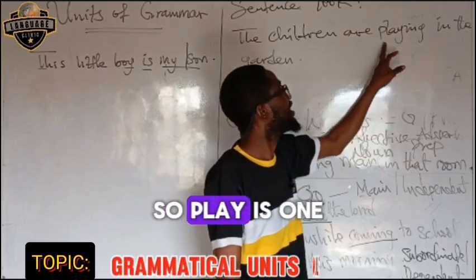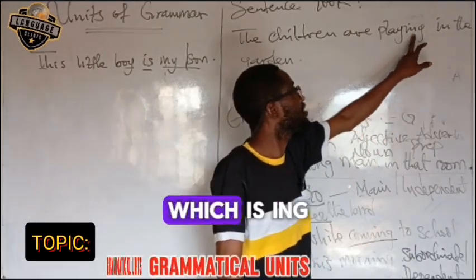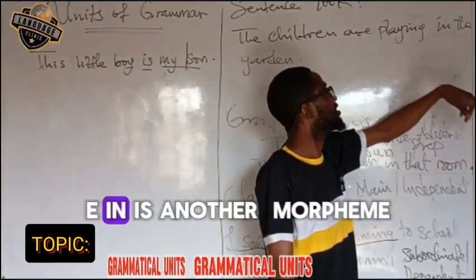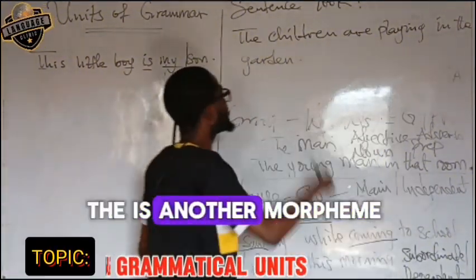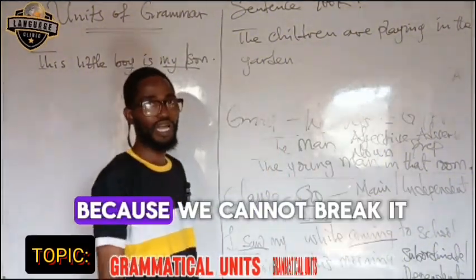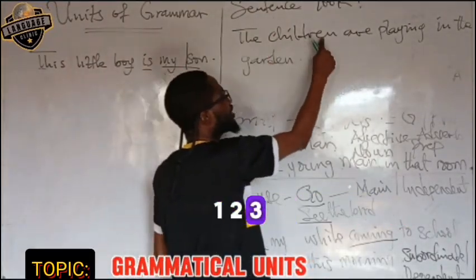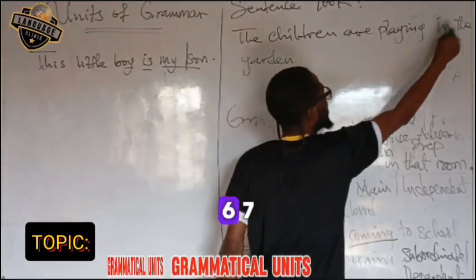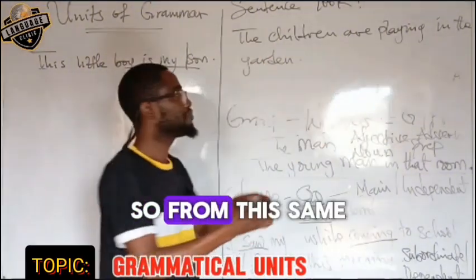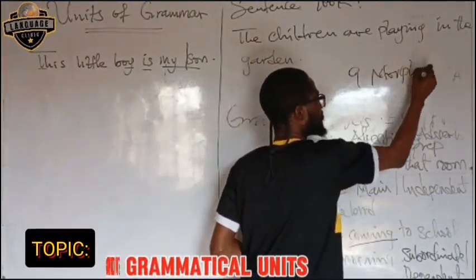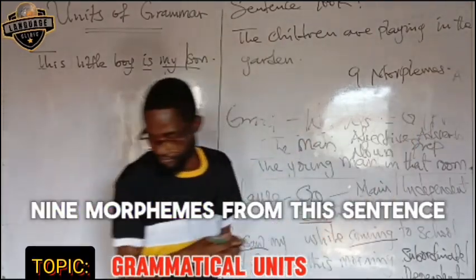Play is one morpheme, and ing, which changes it into a continuous form, is another morpheme. In is another morpheme. The is another morpheme. Garden is one morpheme because we cannot break it. So from here, how many morphemes do we have? 1, 2, 3, 4, 5, 6, 7, 8, 9. From this same sentence, we have 9 morphemes.